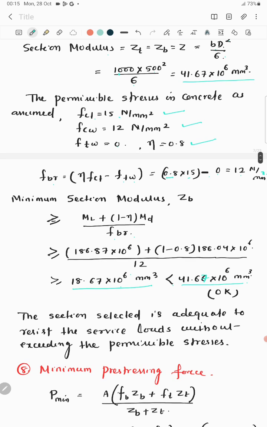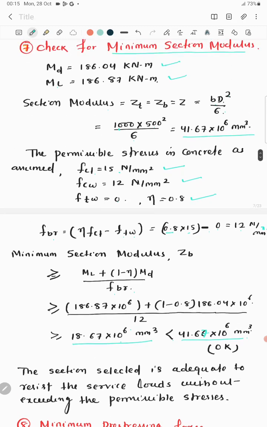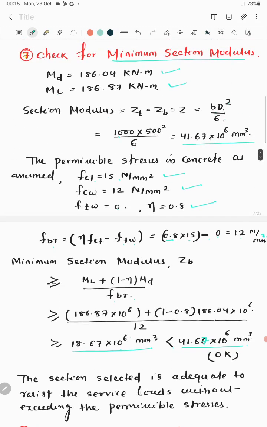So the selected section is adequate to resist the service loads without exceeding the permissible stresses. We'll continue this design problem in the next lecture.